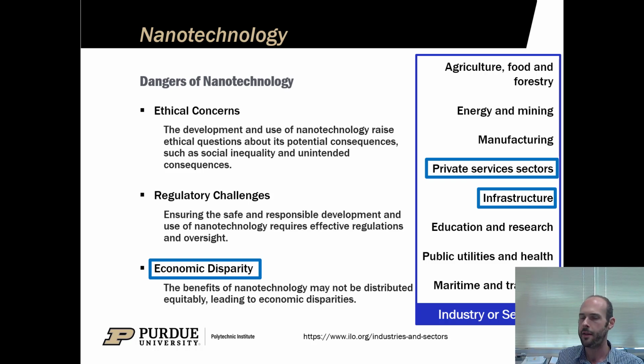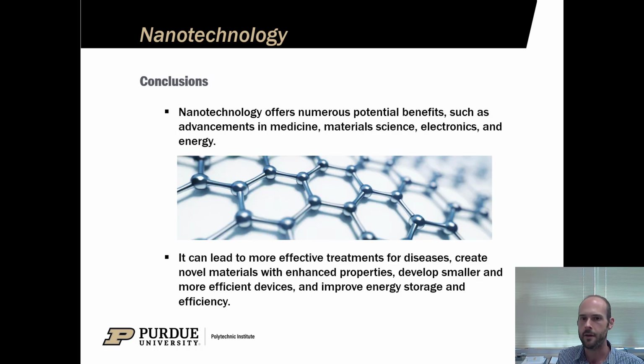And the goal of a lot of considering ethical concerns and considering regulatory challenges is to try to avoid creating disparity or distributing in some inequitable way that's going to exacerbate problems in our society. And so a lot to think about there.